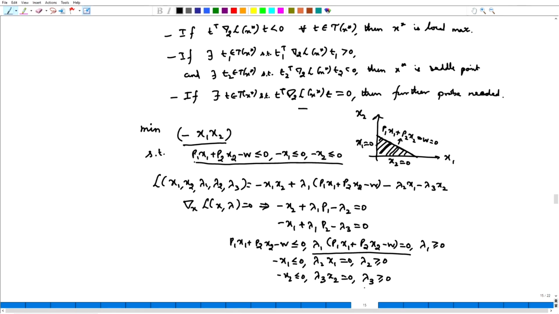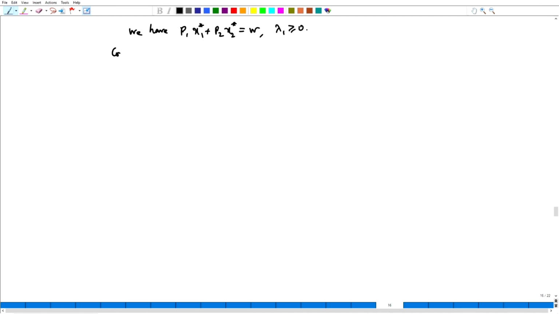Okay. And we also have the following: when we simplify this, we have x2 equals lambda 1 p1 minus lambda 2 and x1 equals lambda 1 p2 minus lambda 3, right. So, let us consider the case when lambda 2 equal to lambda 3 equal to 0.